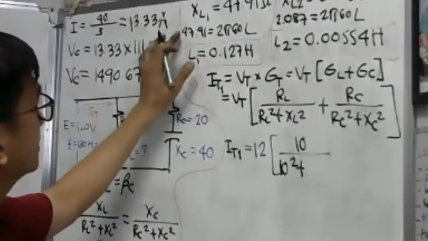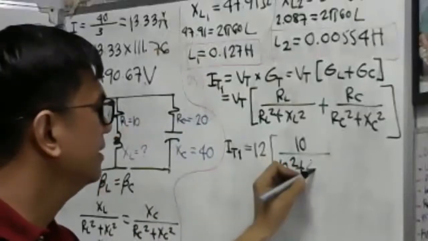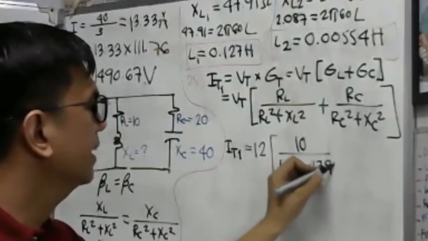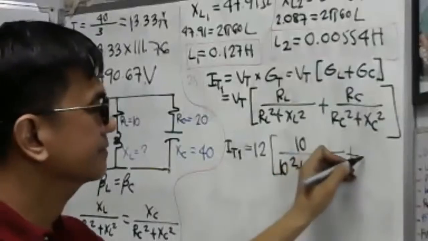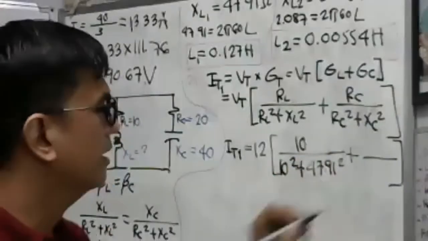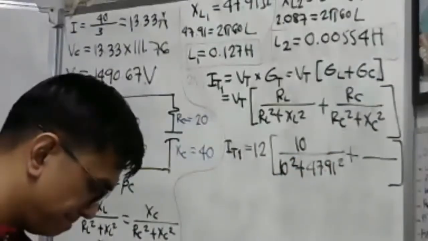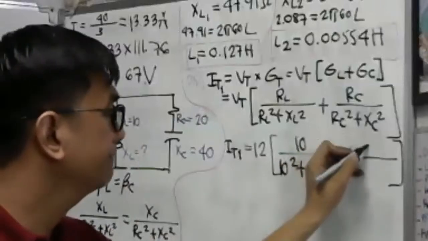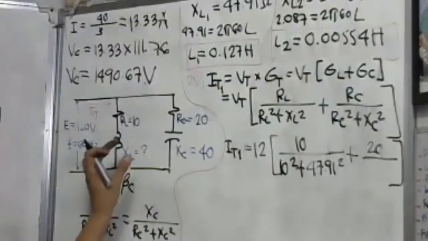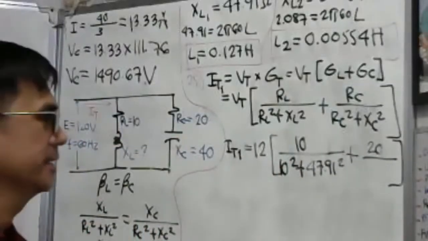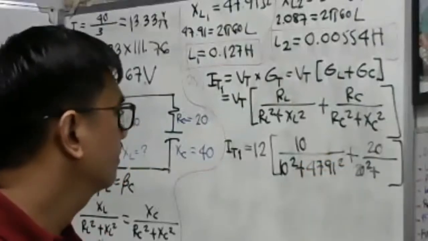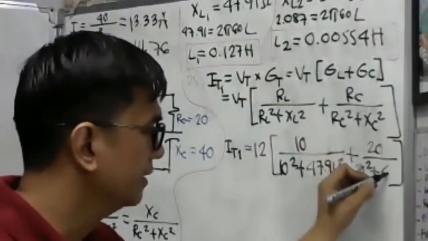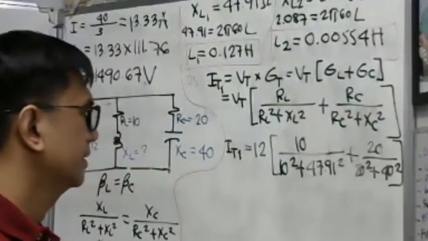O, yung una nating X sub L is 47.91 squared. No? Then plus, what is our RC? 20. No? Okay, ito, 20. Yung RC natin. Over 20 squared plus X sub C, 40 squared.